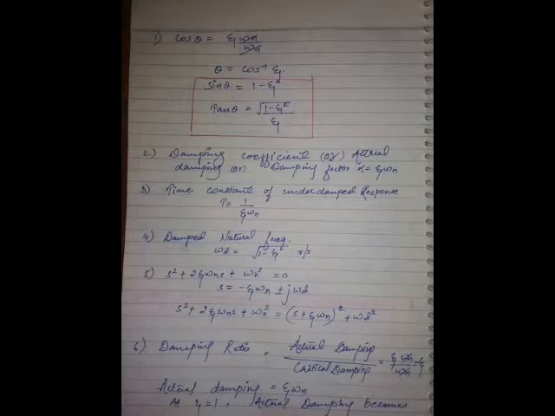Every robotic system comes under second order or higher order, and we are saying that underdamped response is better. What is underdamped response? The response reaches the steady state value of the input, and after reaching, it oscillates for some time and then stops.